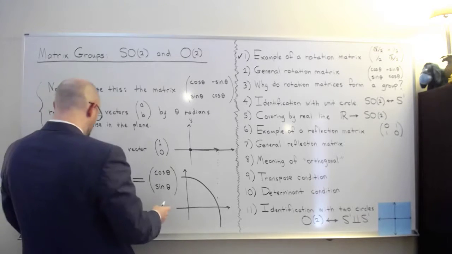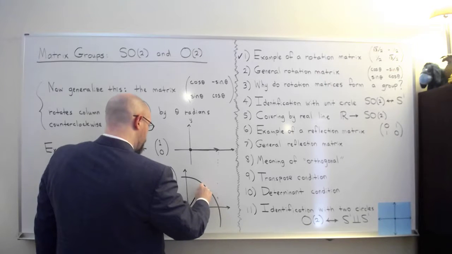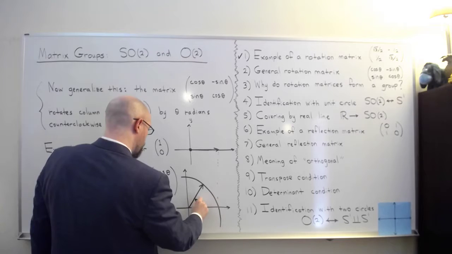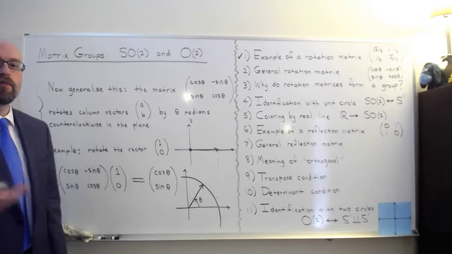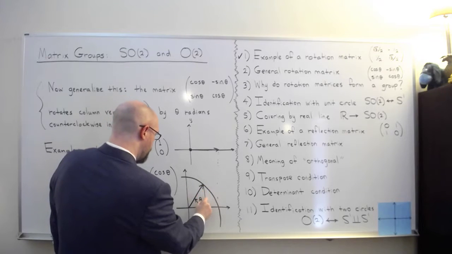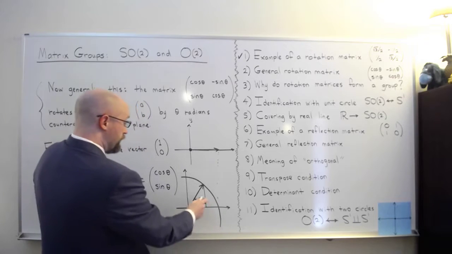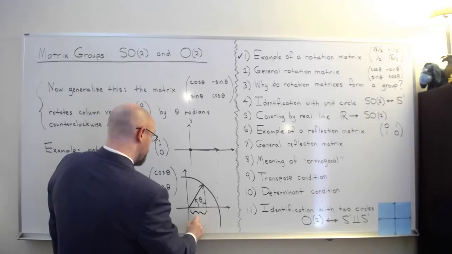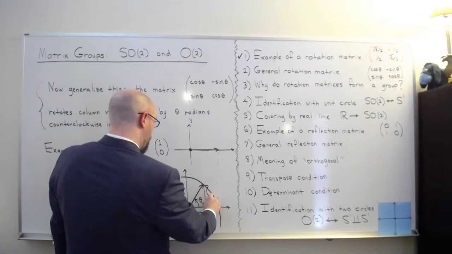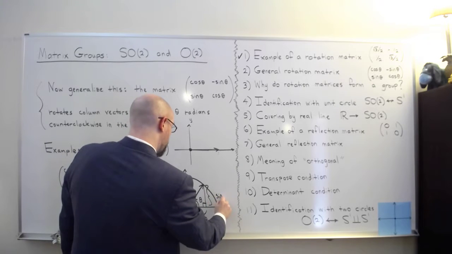So we've taken this vector and we've rotated it, which is what it's supposed to do. It's supposed to rotate this by theta radians, where I haven't told you what theta is, but I don't have to, because you know this is the unit circle, and this is a right angle, so whatever that angle is, the adjacent side is cosine theta, and the opposite side is sine theta.